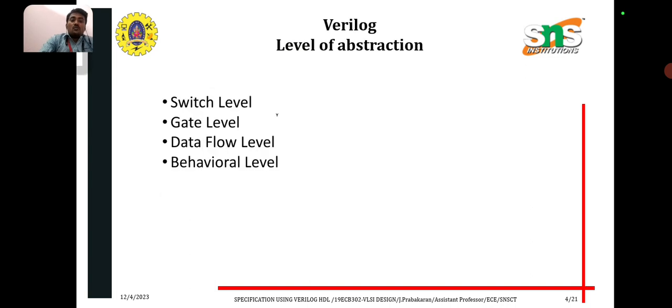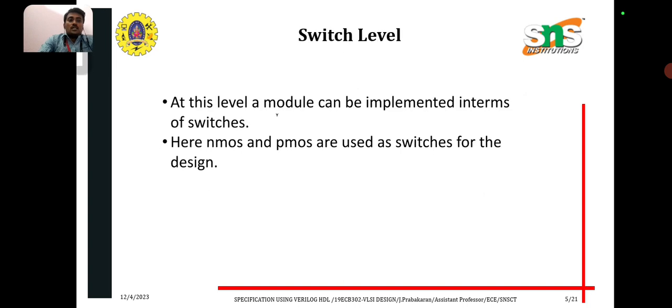There are 4 levels of abstraction in Verilog: switch level, gate level, data flow level, and behavior level. Let me discuss them one by one. Let me see the first level of abstraction, that is switch level abstraction.